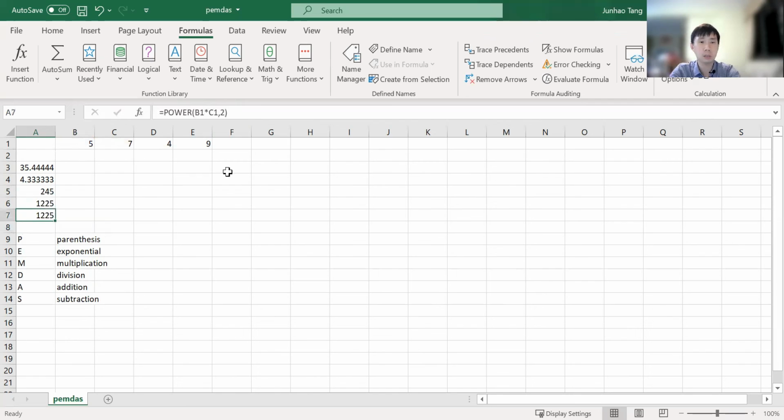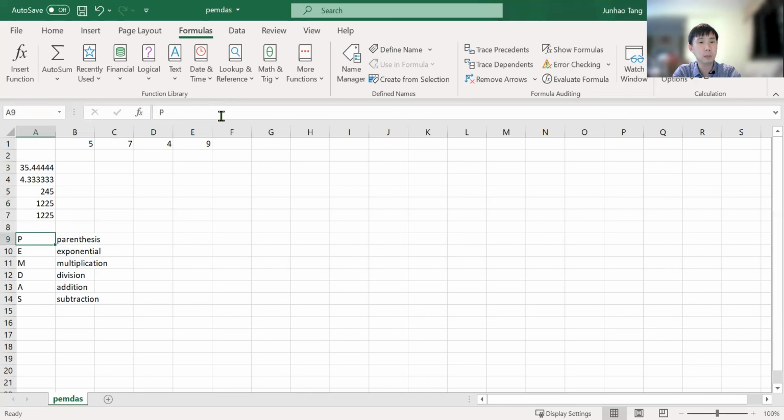You also get the same answer. You can either use this method or this one. If your formula is not complicated, you can just use this. But if you have a long string of formulas, it's better to use this so that it is clearer. Sometimes both are fine.